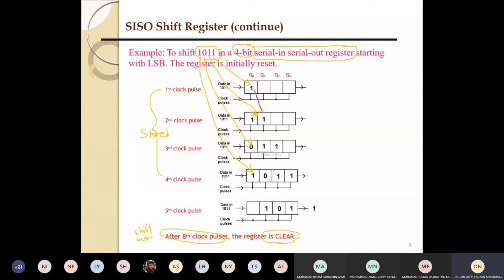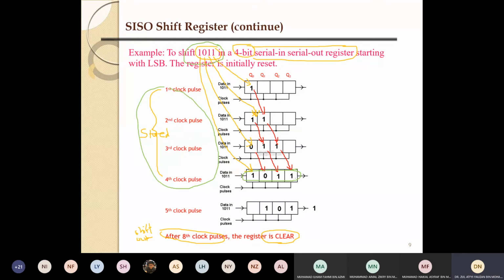So this one shifts to here, and this one to here, this one to here, and this is here. Okay, this is what actually happens. So after the fourth clock, all 4-bit data input is already stored. Okay, 101.